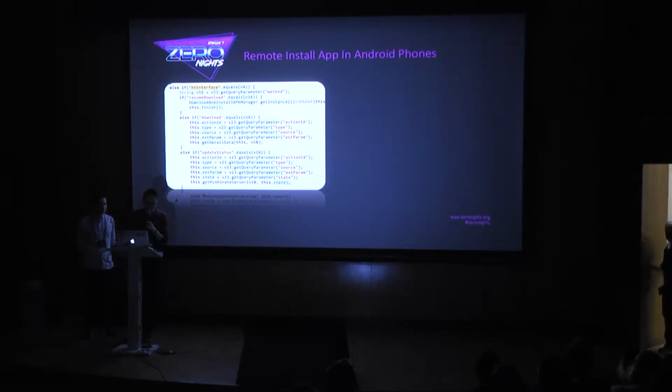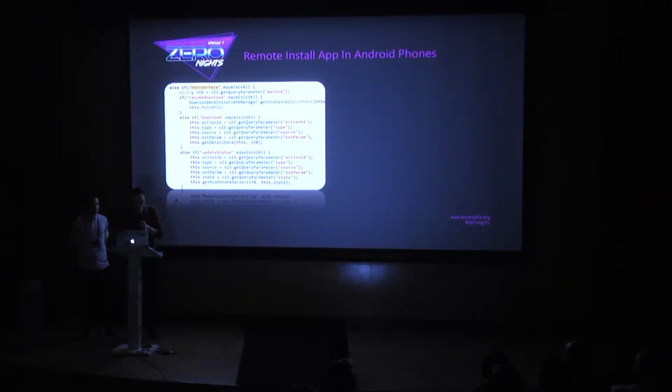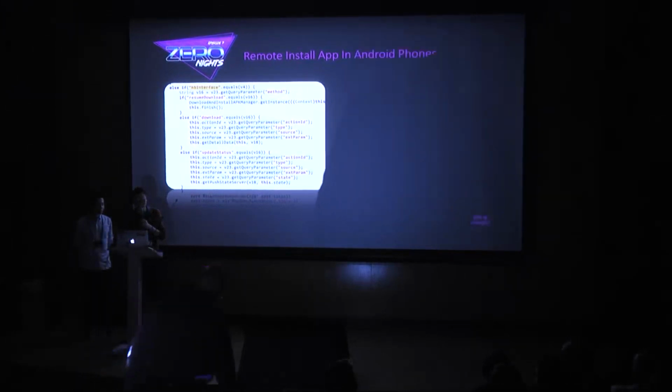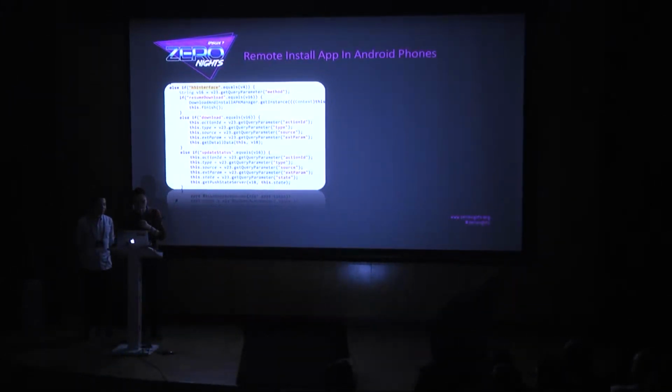Look at the code of this activity. If the action type equals H5 interface and the method parameter is download, it will download from the URL we control and silently install.